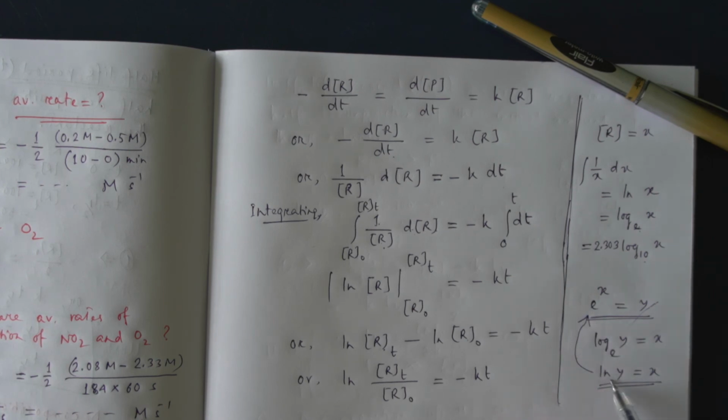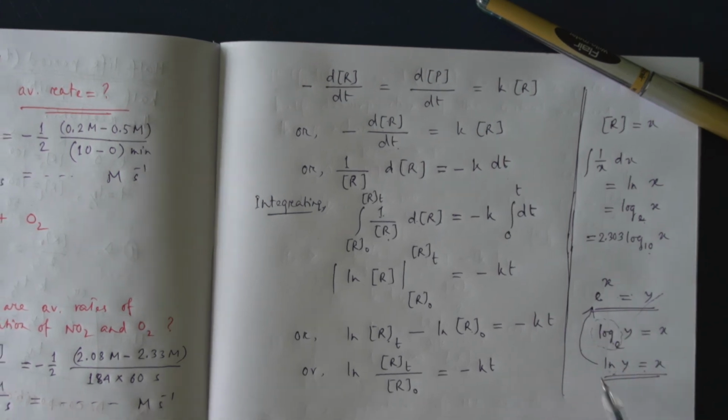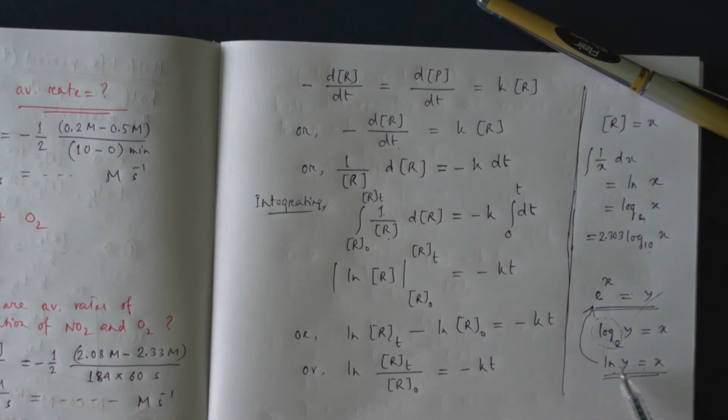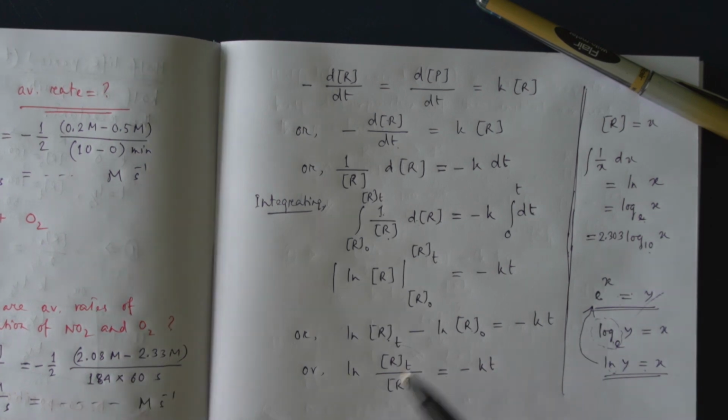So if I write this as a log, what will it be? Log y to the base e equal to x, and log to the base e is ln y. So just compare: ln y equal to x.